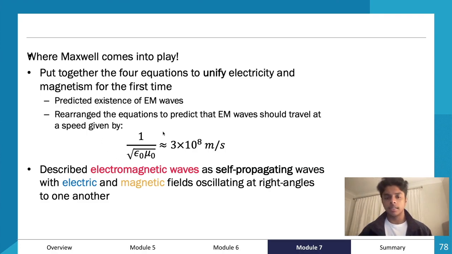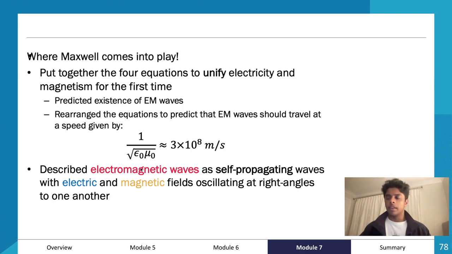And because this constant speed was very similar to the known values for the speed of light at the time, he predicted that light was an EM wave as well. He wasn't able to experimentally verify anything, he was only able to mathematically suggest it. So he predicted the existence of EM waves, that they should travel at that speed, and that light was an EM wave.